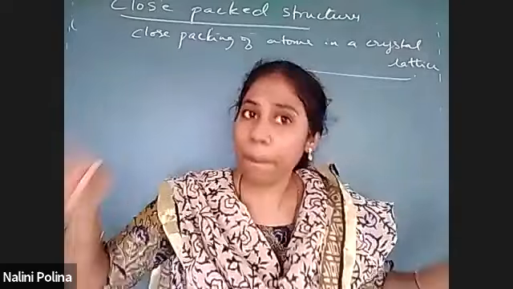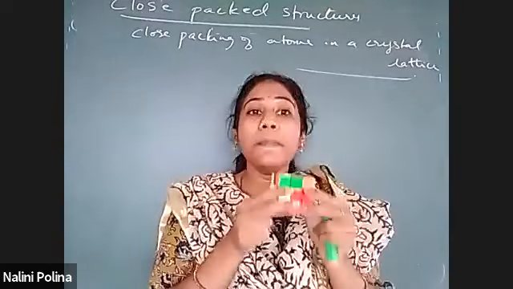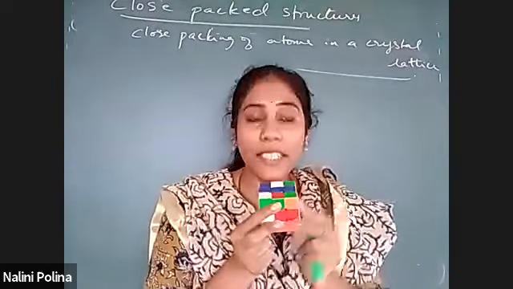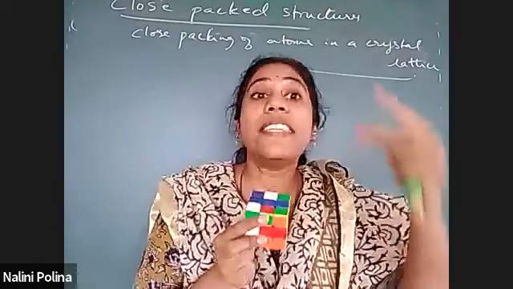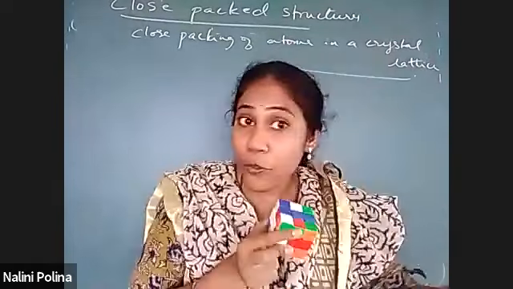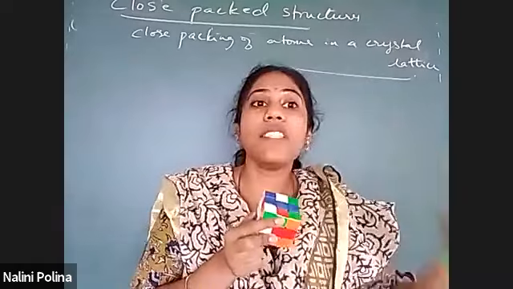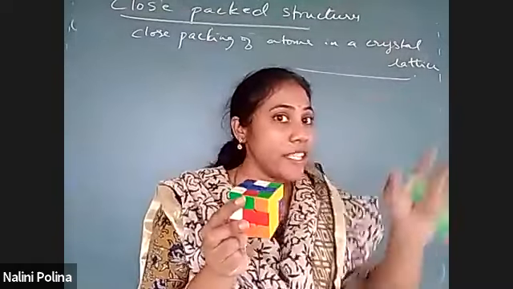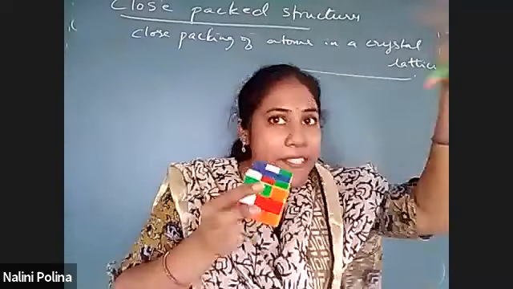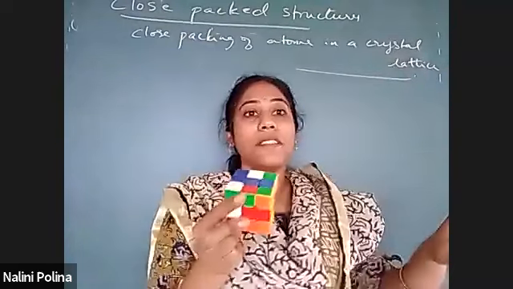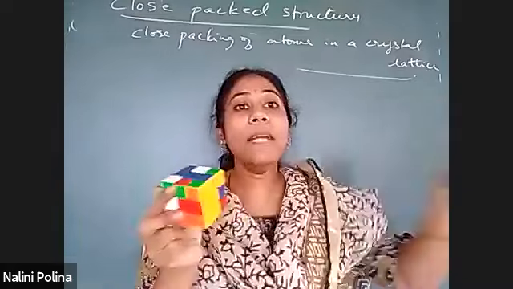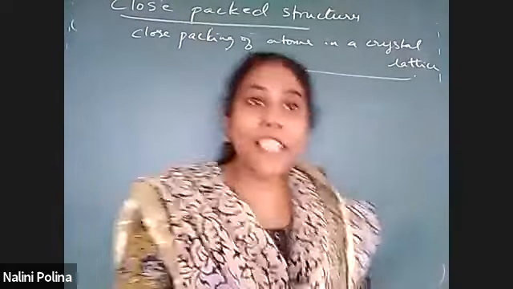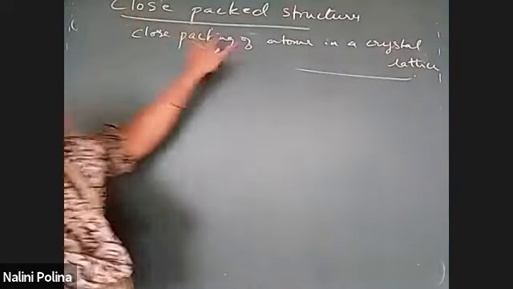Close packing means atoms are arranged very close to each other, touching each other without much gaps. The three-dimensional space available for atom arrangement must be completely used by the atoms without creating much gaps. That is what we mean by close packing.